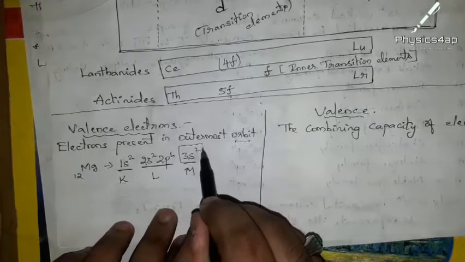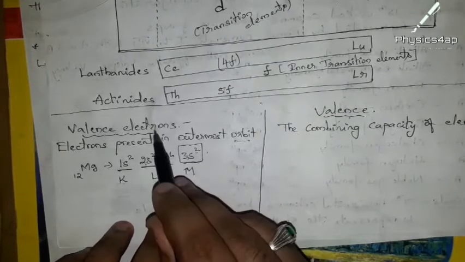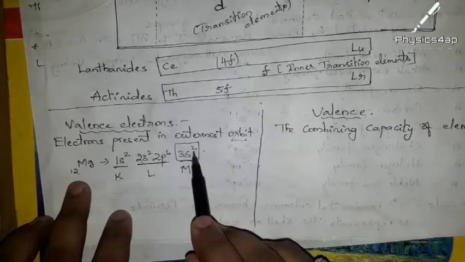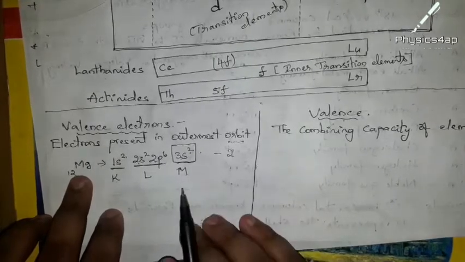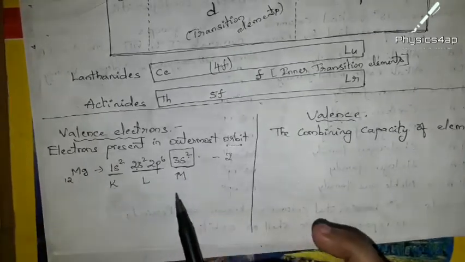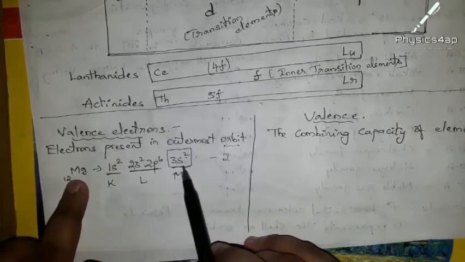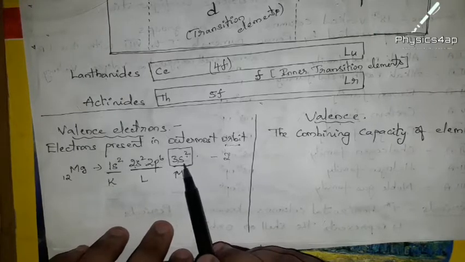In the third orbit we have 2 electrons. So the valence electrons of magnesium are taken as 2. Now which block does magnesium belong to? As we have written the electronic configuration, we have S at the last, so it is an S block element.